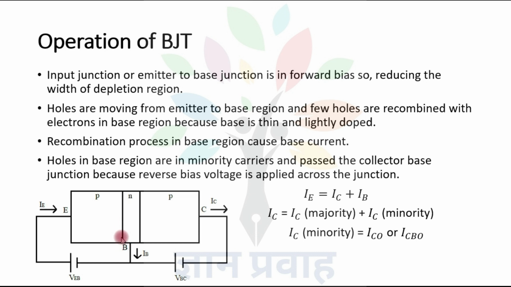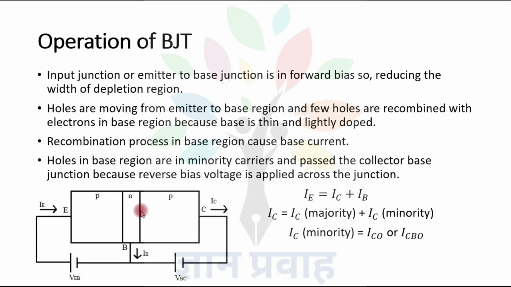It means the charge carriers which are available in the p-type material simply cross this junction and enter the base region. The base region is here n-type material, and here the charge carriers are the holes. So majority charge carriers inside this base region become minority charge carriers because this region is n-type material. And this junction, that is the output junction, is reverse biased.